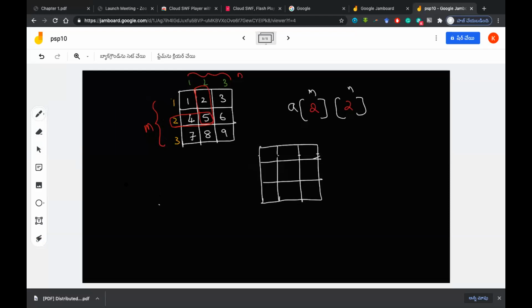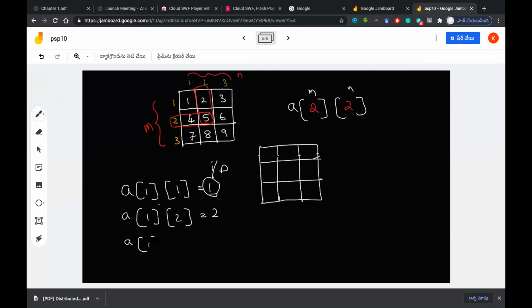So what I will do, I will start with a of 1, 1 is equal to 1. Okay, so maybe this is the input I am taking. Next, I will say a of 1, 2 is equal to 2.